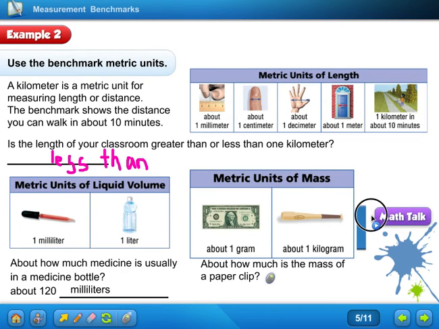Mass, how heavy something is. So, when you're measuring mass in metric, 1 gram is about how heavy a dollar bill is, so not very heavy. A baseball bat is about 1 kilogram. About how much is the mass of a paper clip?